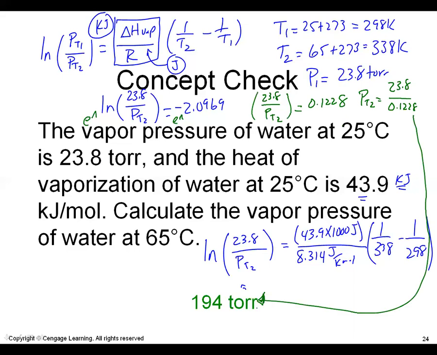Any question on that calculation? That's what is sometimes referred to as the Clausius-Clapeyron equation, and you can use it to calculate the vapor pressure if you change the temperature. Any questions on any of that calculation?